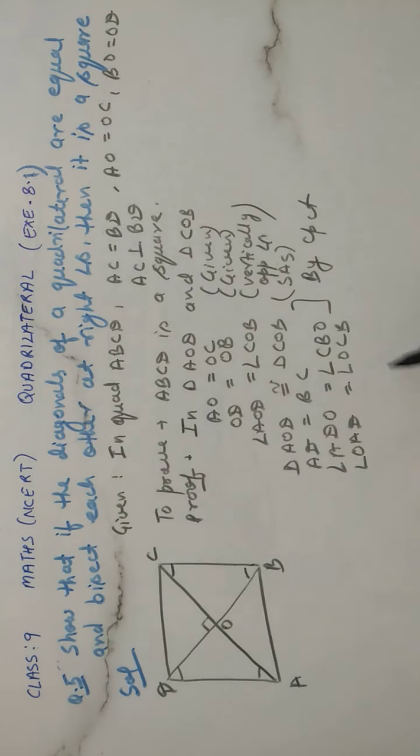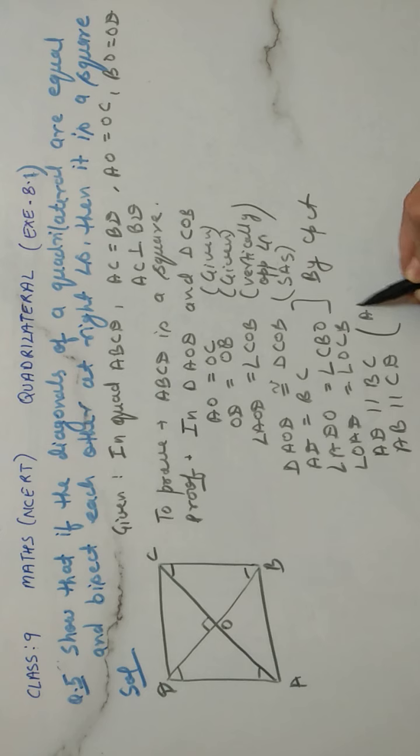Just see, alternate interior angles are equal, so lines are parallel. Which lines are parallel? From these two equations you can say AD is parallel to BC and AB is parallel to CD.